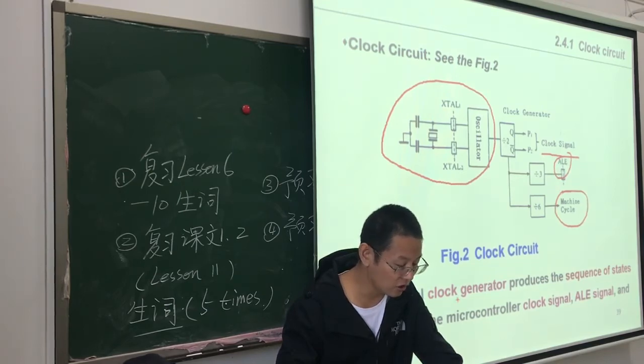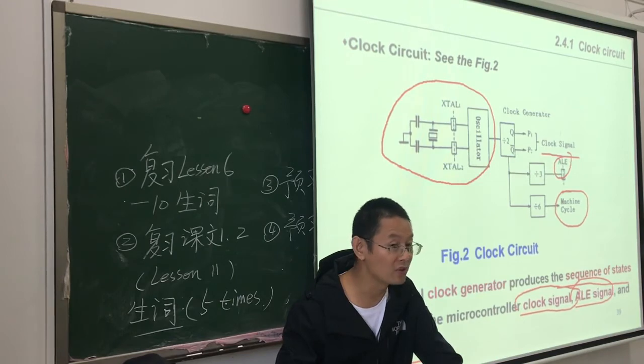The internal clock generator produces the sequence of states that make up the microcontroller clock signal, ALE signal, and machine cycle signal.